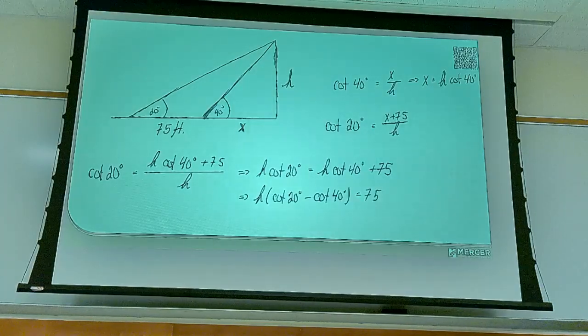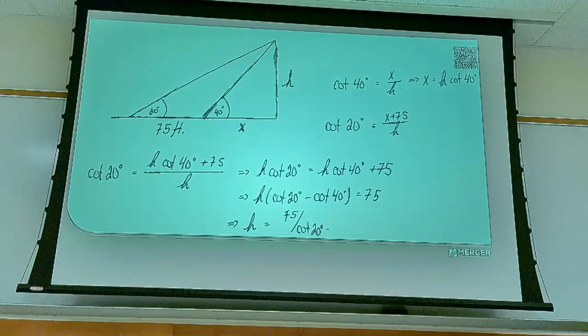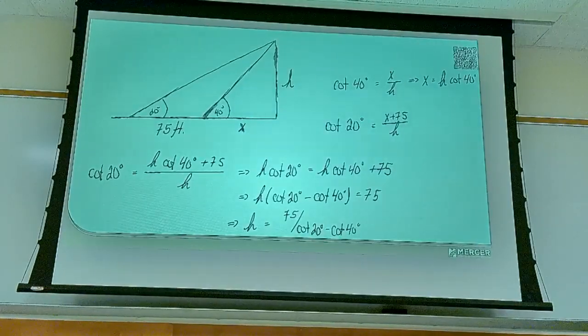And these should all be feet. That means h would be 75 divided by the cotangent of 20 minus the cotangent of 40 degrees. That's the height of the tree.